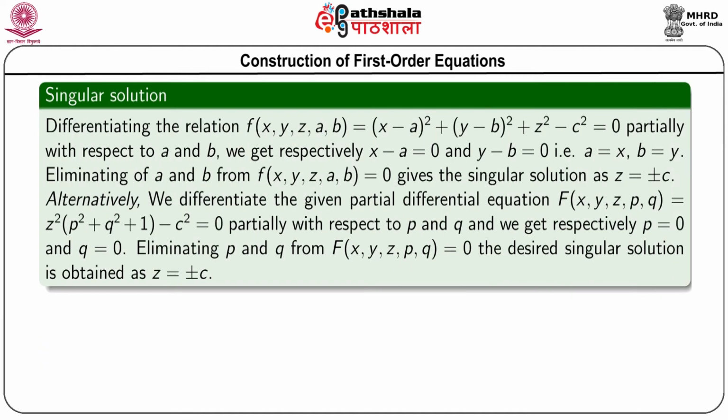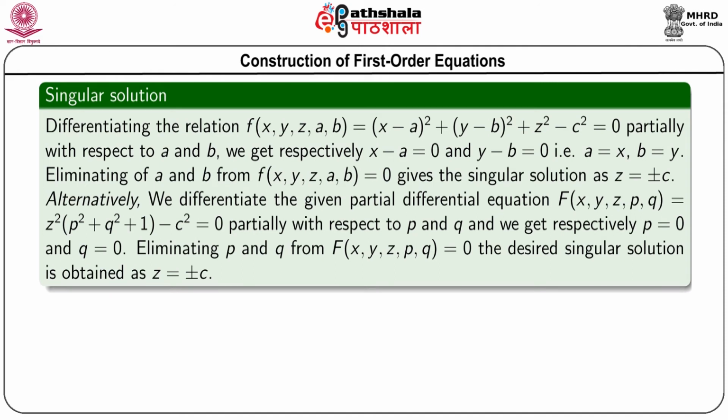So, the given relation is (x minus a) whole square plus (y minus b) whole square plus z square minus c square equals 0. If we differentiate it partially with respect to a and b, we get the relations x minus a equals 0 and y minus b equals 0, or a equals x, b equals y.